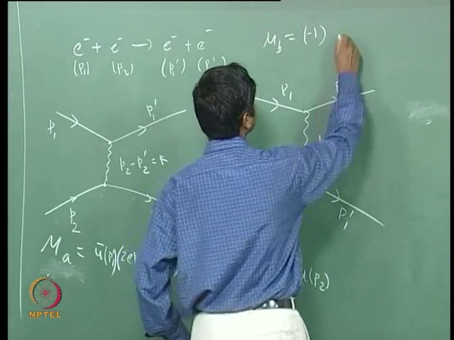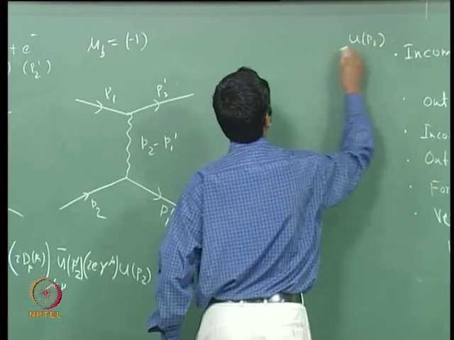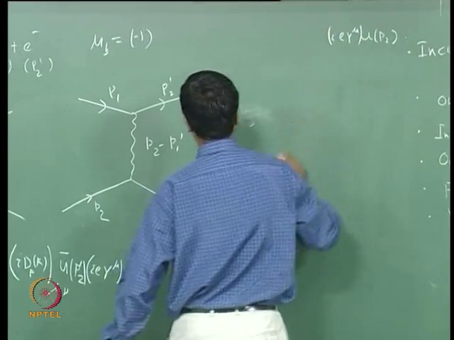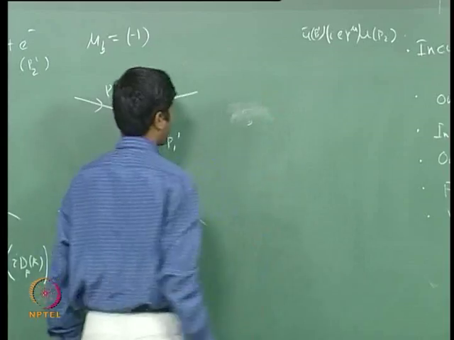So, this is u(p2) i e γ^μ, and then ū(p1').